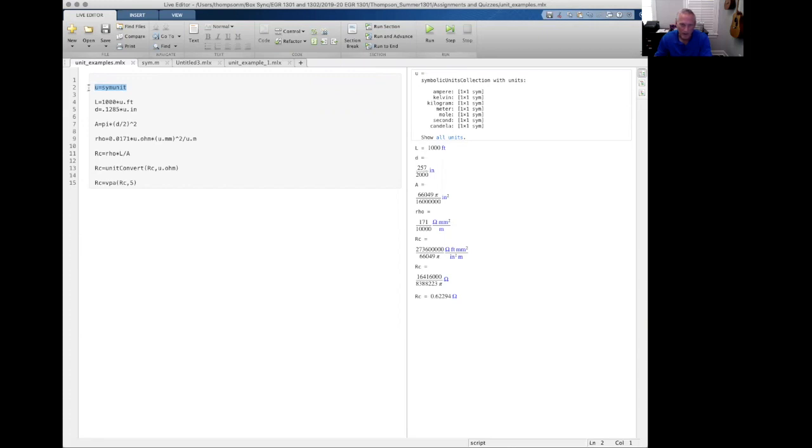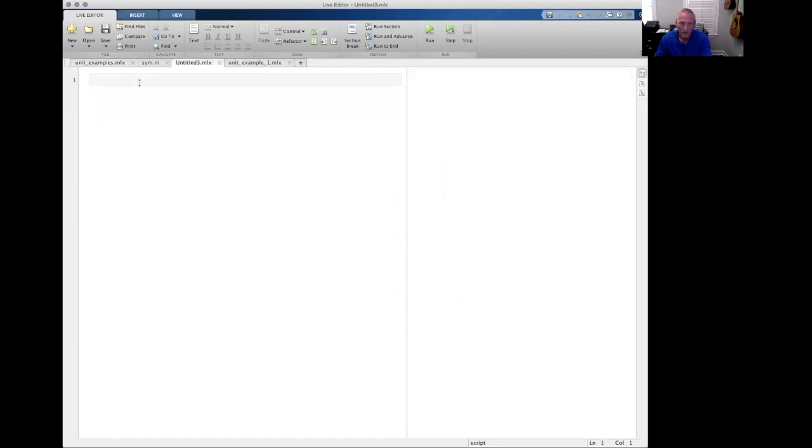You don't need to know that, but the variable you declare, u, matters, and we'll see why in a second. So you're going to start out this example with just pasting that in. Well, u is equal to symunit. Okay, and that tells us in MATLAB that u is going to be designed to add units to different variables.